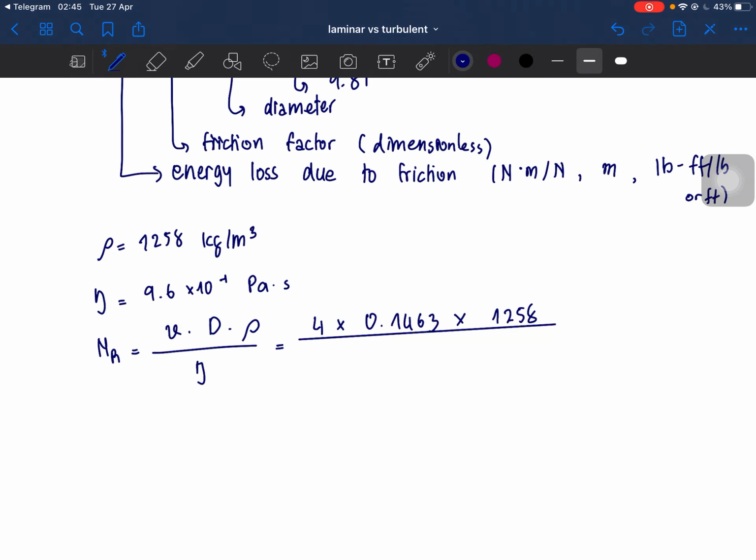After this, we divide by 9.6 times 10 to the minus 1. The answer for NR is 66.585.